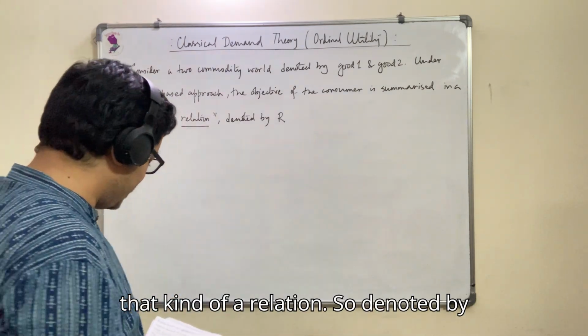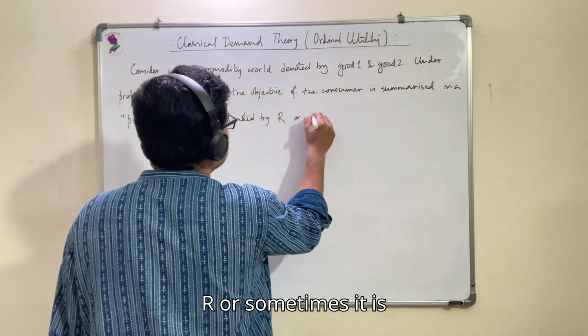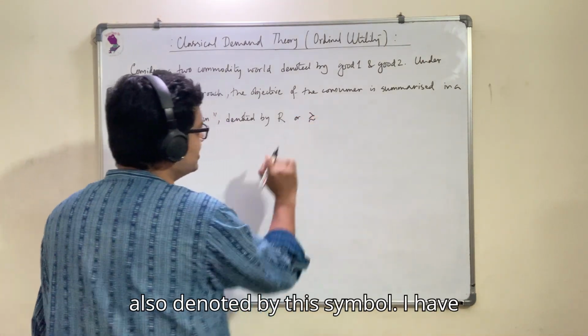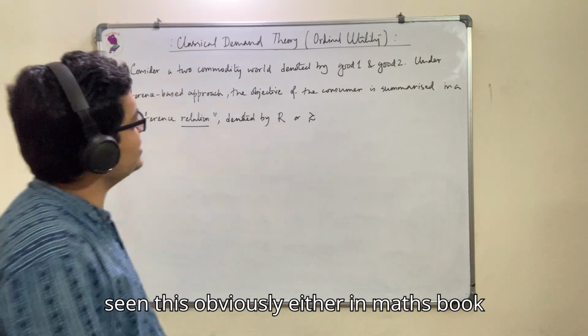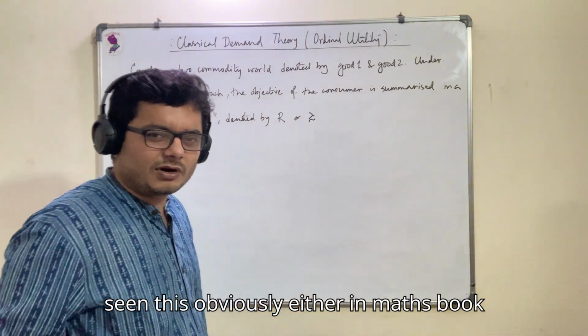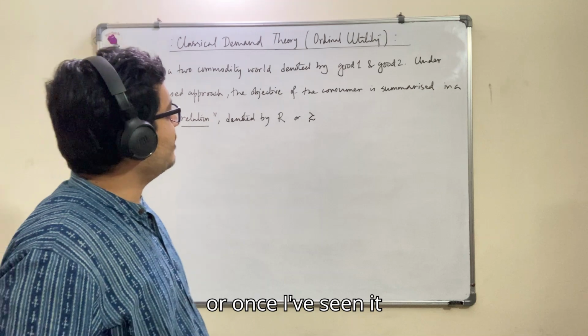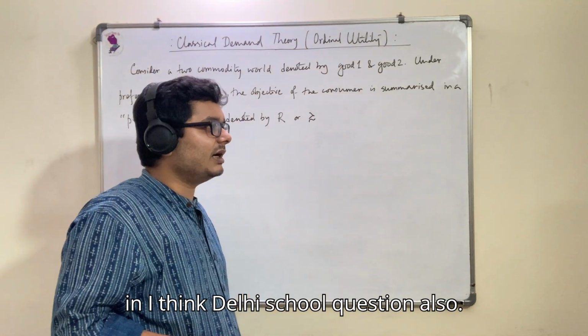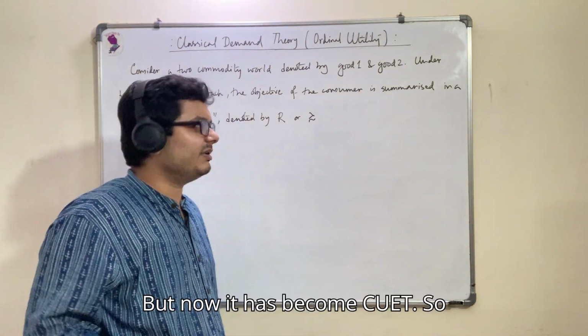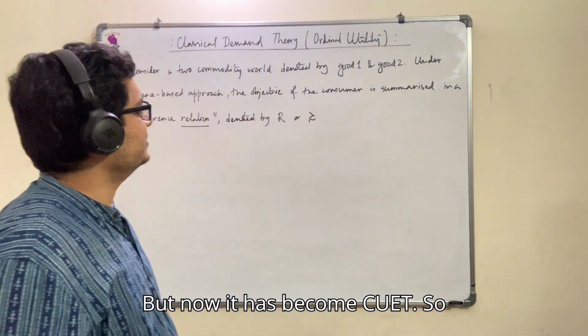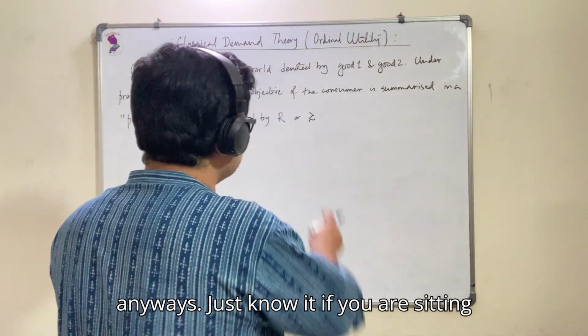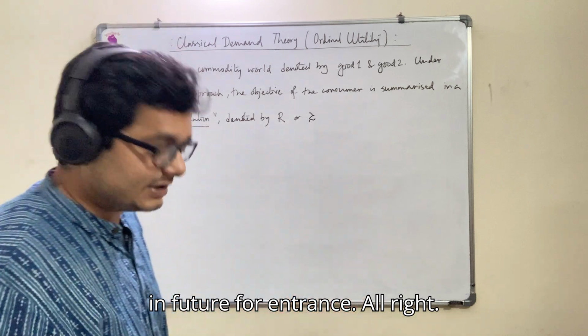Okay, so denoted by R, or sometimes it is also denoted by this symbol. I have seen this either in maths book or once in Delhi school question also, but now it has become CUET. So anyways, just know it if you are sitting in future for entrance.